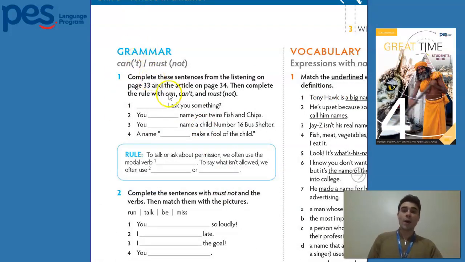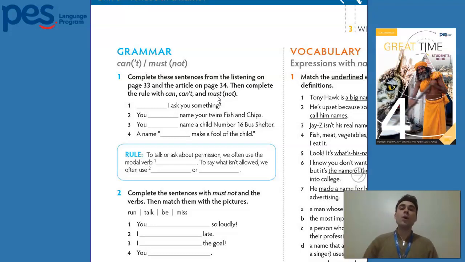So what you have to do now, in order to understand these different meanings and contexts, I want you to try to complete these sentences here, 1, 2, 3, and 4, with can, can't, or must not in the negative, right? These sentences probably will sound familiar to you, because one of them was in the listening exercise that you did before, the one with Mrs. Jenkins and Paul, okay?